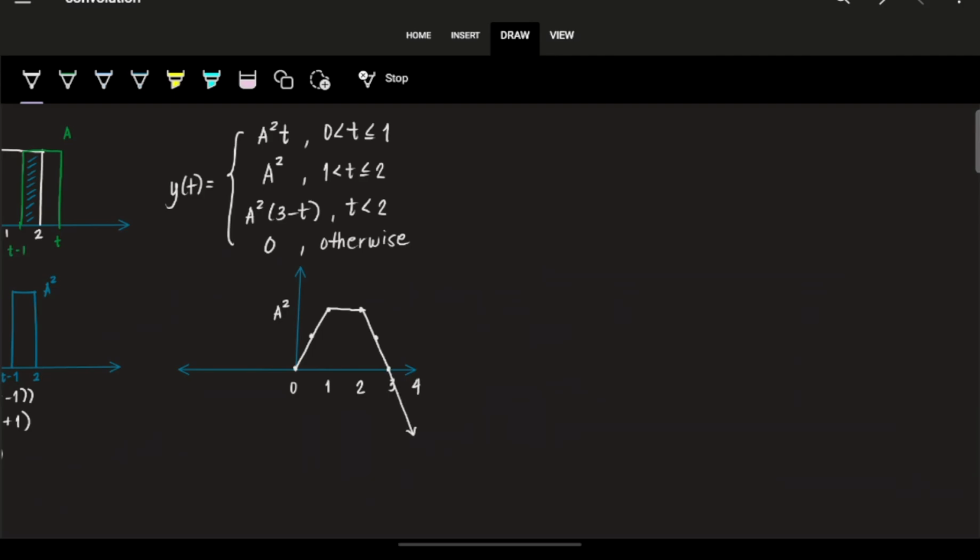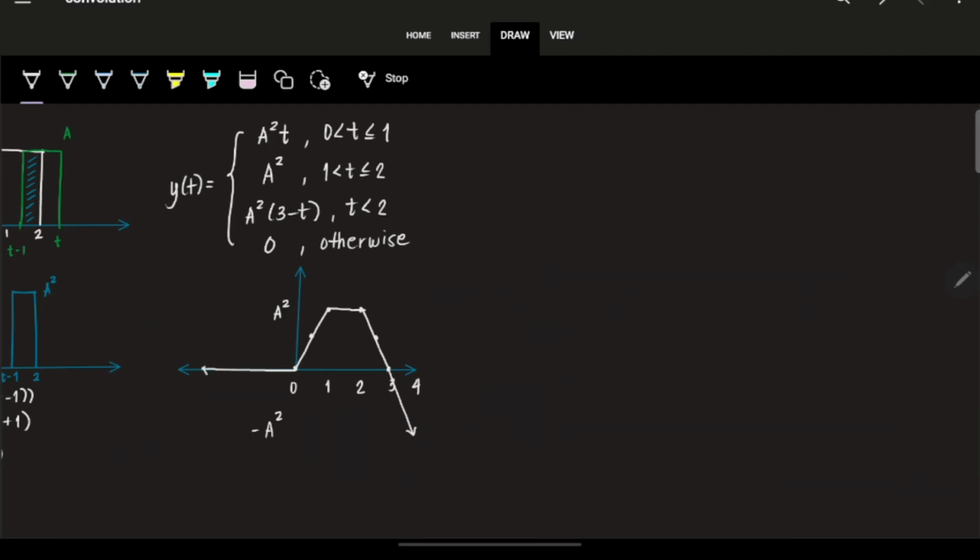So this goes infinitely kasi hindi naman natatapos yung condition ng signal natin. Habang nagtutuloy yung time natin to beyond, bumababa ng bumababa yung value ng signal. Roughly at negative t squared. Otherwise, meaning the time before 0, that is 0.